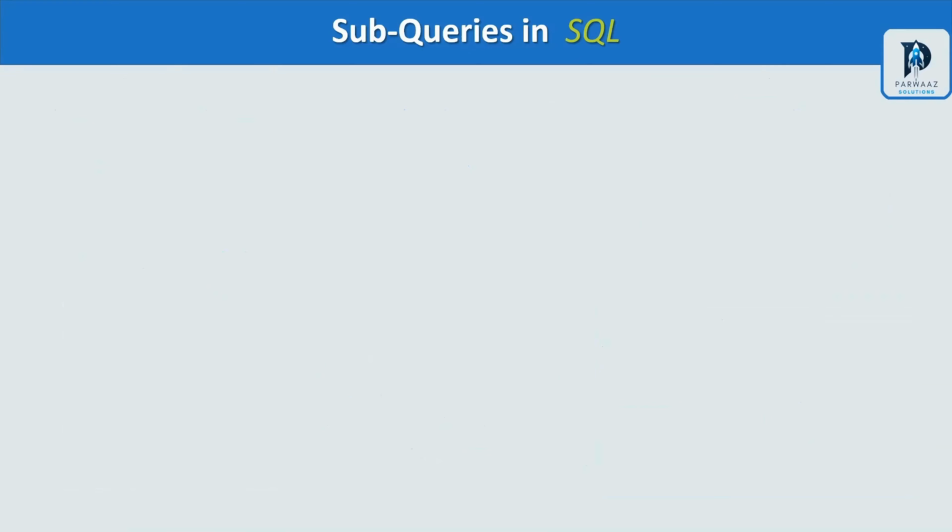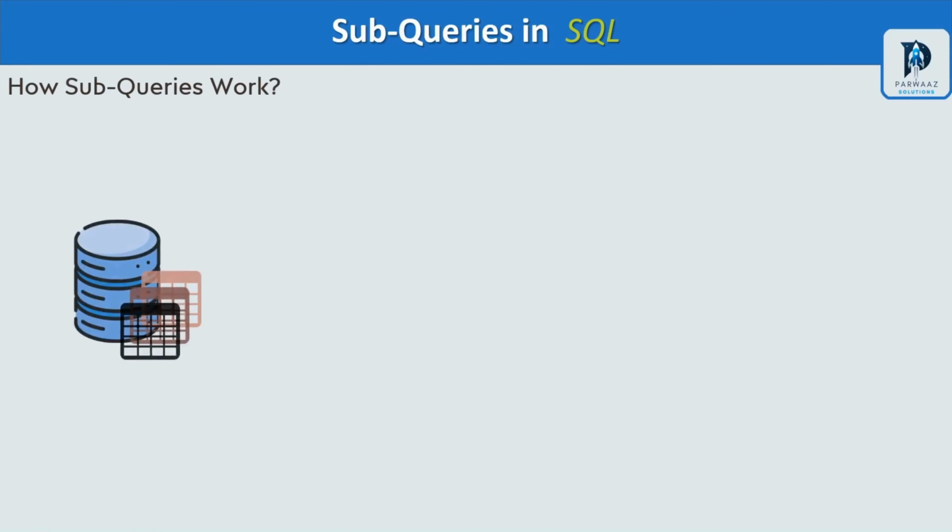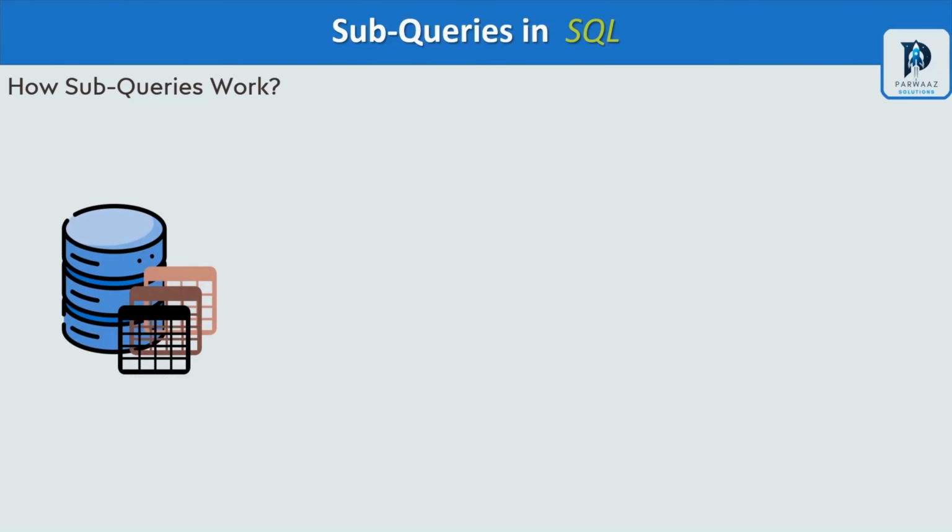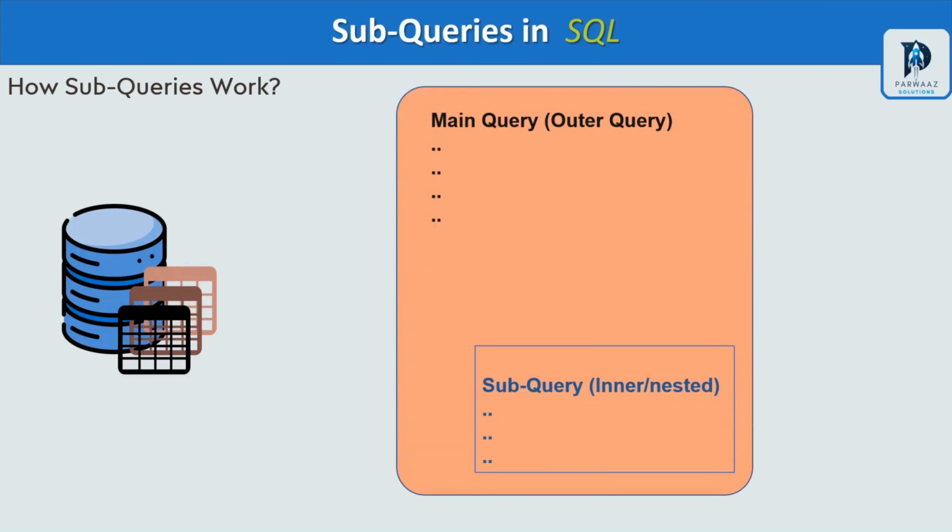So let's try to understand how it works. First of all, in any SQL database, we have the database and these tables. When we write queries that have a subquery inside them, this will happen. First of all, this subquery, also known as the inner query or nested query, will first communicate with the database independently, and it will produce a result.